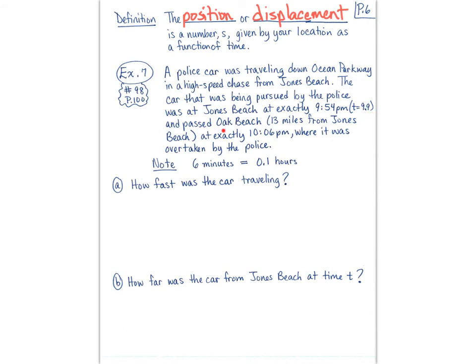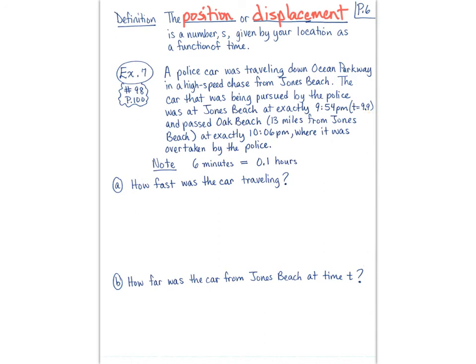And it passed Oak Beach, 13 miles from Jones Beach, at exactly 10:06 p.m., where it was overtaken by the police. Note that 6 minutes in this problem is equivalent to 0.1 hours. So the 54, that's why you get 0.9 here.